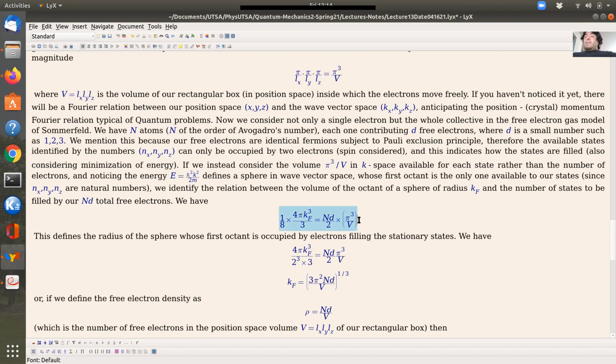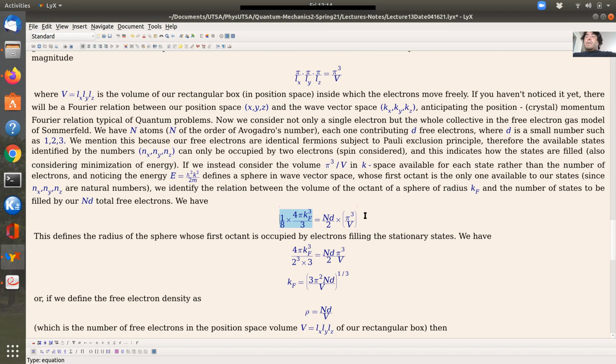Now, this is multiplied by the volume occupied by an individual state. So the volume of the total states for our problem of interest is equal to the volume of the octant of our sphere in the first quadrant.